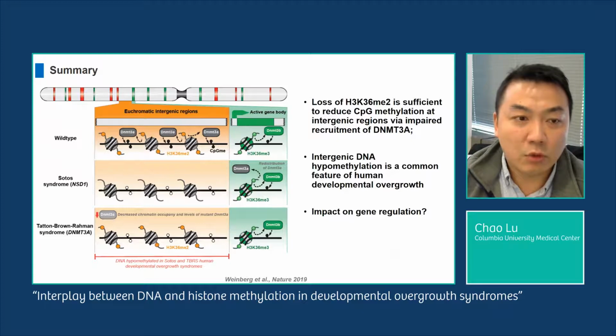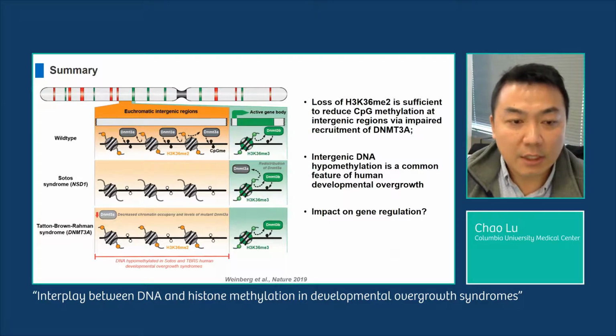DNMT3A is unable to be recruited to the intergenic region. And in TBRS, the DNMT3A mutations abolish its binding to chromatin, so DNMT3A is again not able to be recruited to the intergenic region. A common feature between those two syndromes is decreased intergenic DNA methylation.